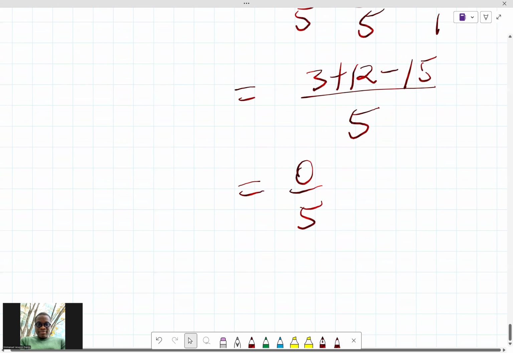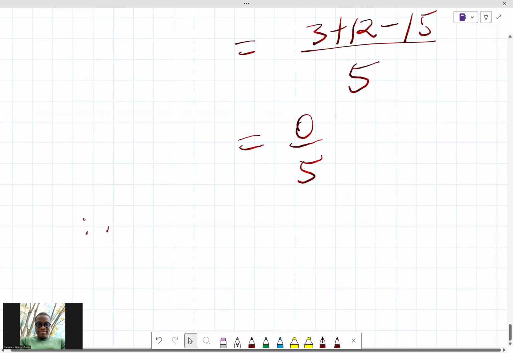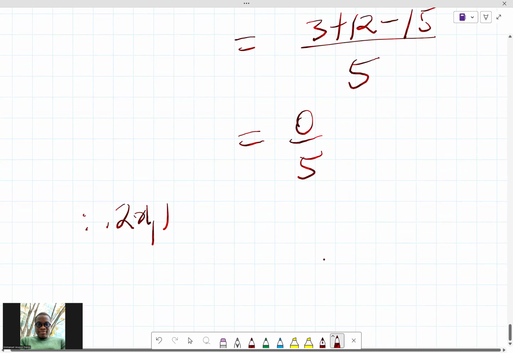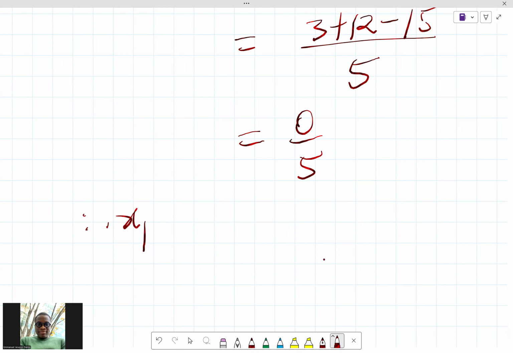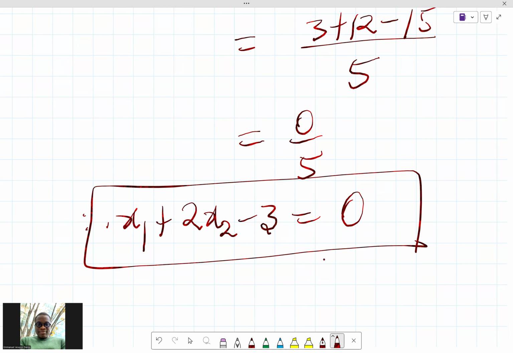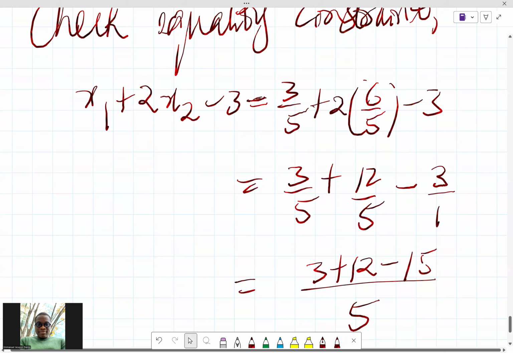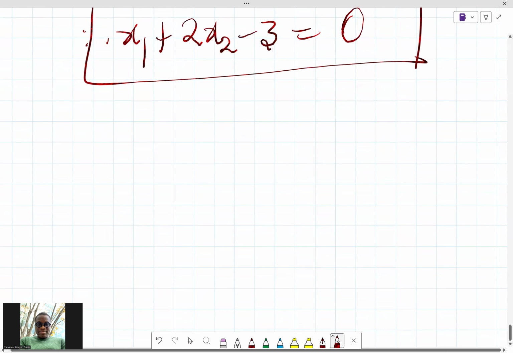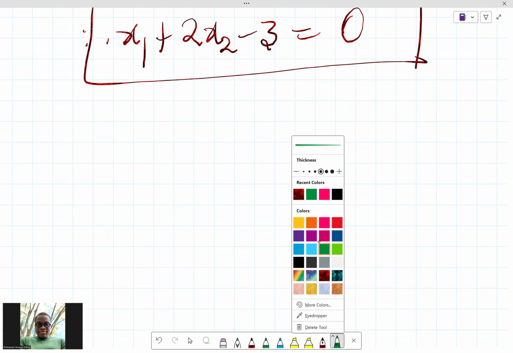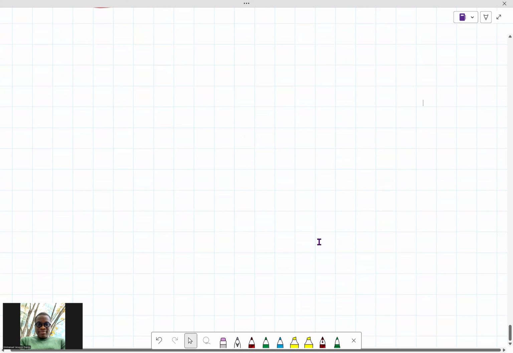So we say, therefore, x1 plus 2x2 minus 3 is equal to 0. Okay, so it means that the constraint is satisfied. We could actually take that for granted because that was what we got our value from in the first place.